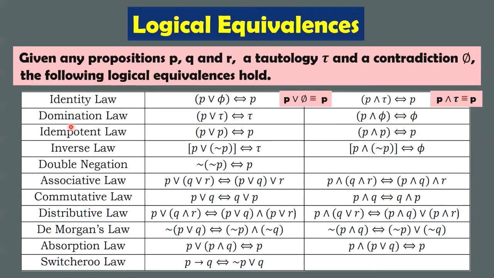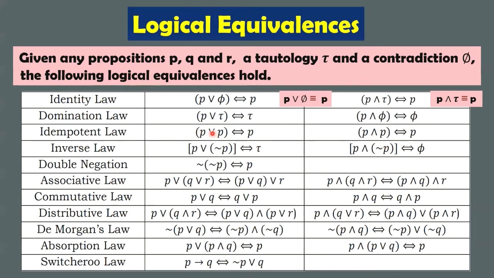Okay, yung domination law, ito, yung ating proposition P, denominate siya nung tau. Dito naman, yung proposition P, denominate siya nung null set. So, next, idempotent law.